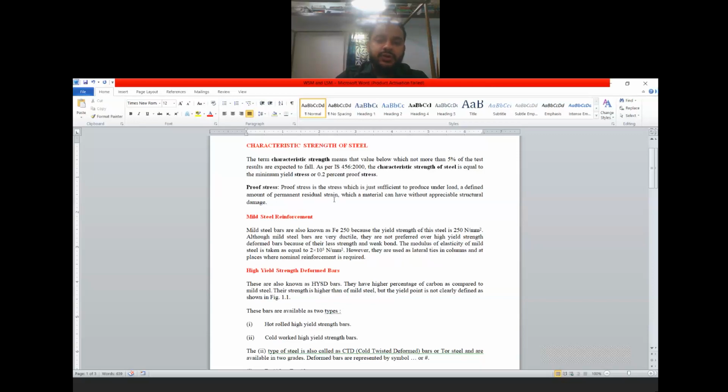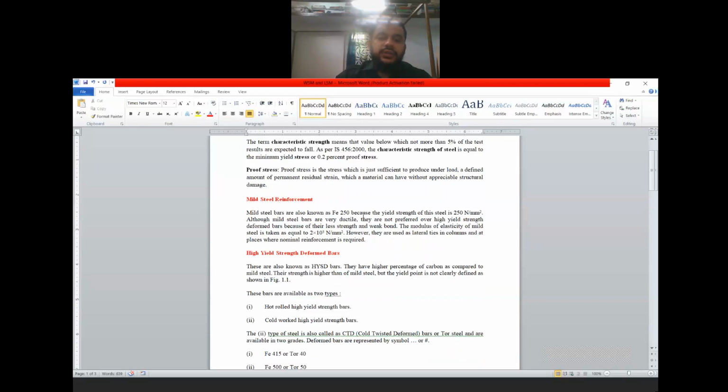Whatever deformation will be occurred, it will be permanent without appreciable structural damage. That means some deformation will occur, but that damage will not be permanent. Without appreciable amount means the deformation will be small amount, and also the damage will be small. It will not fail.